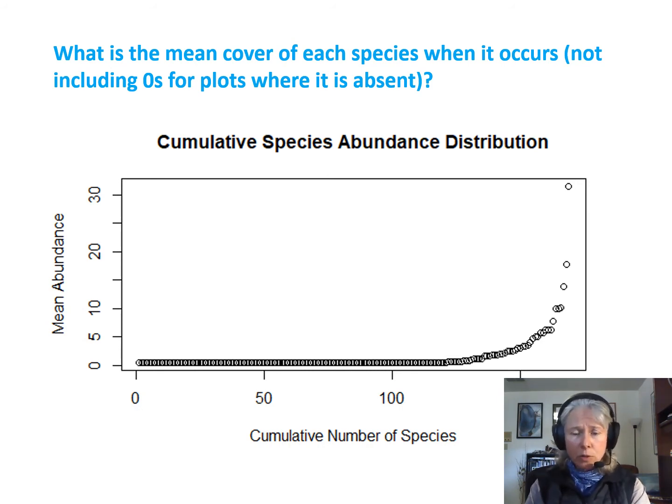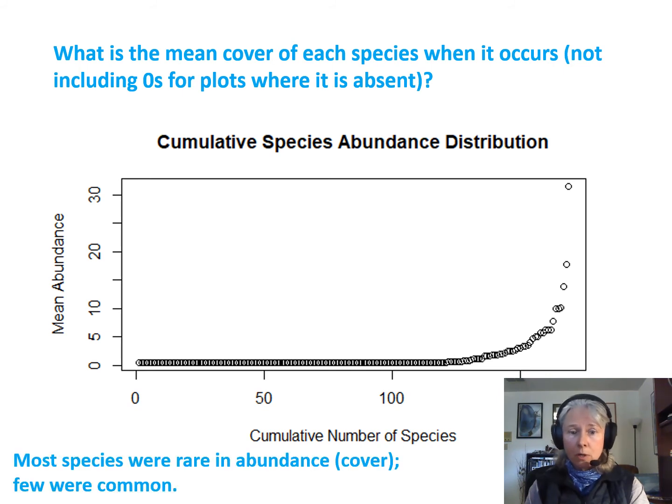You can see that this relationship is even more curvilinear, even more skewed than the previous plot of occurrence. And this means that most species only occur at very low abundances. Most are less than 5% cover. Only a few are abundant where they do occur. And by abundant, I mean above 10%. Still not a lot.